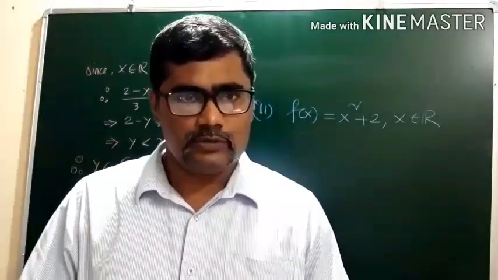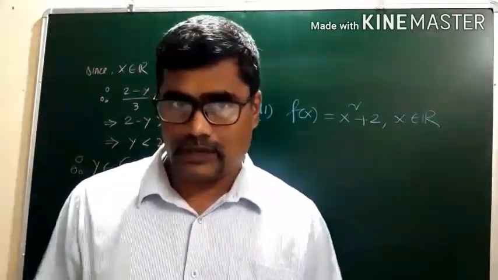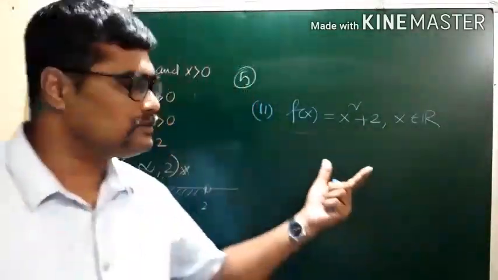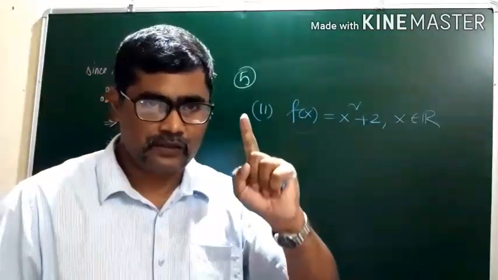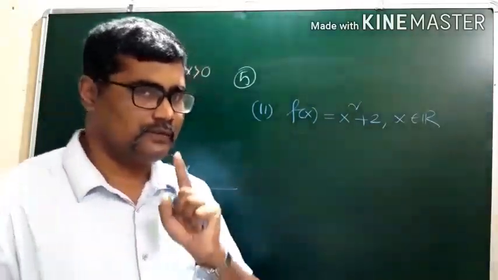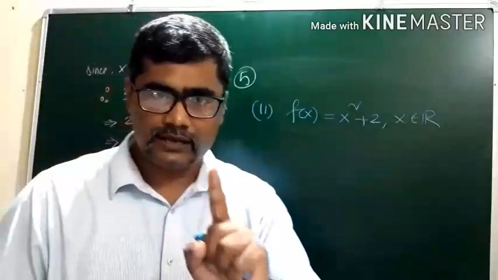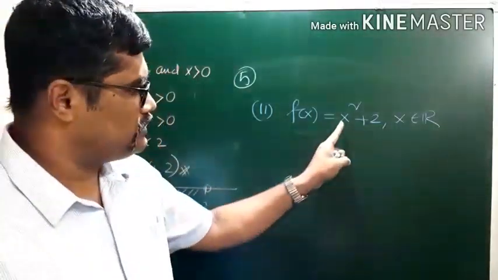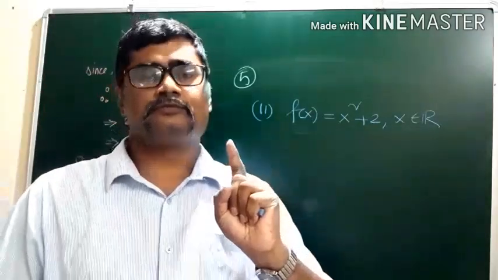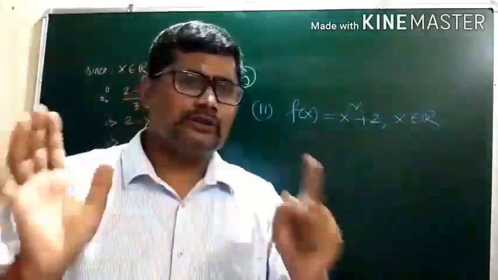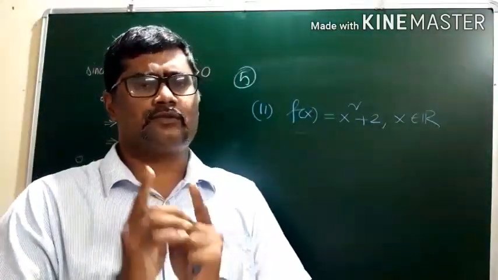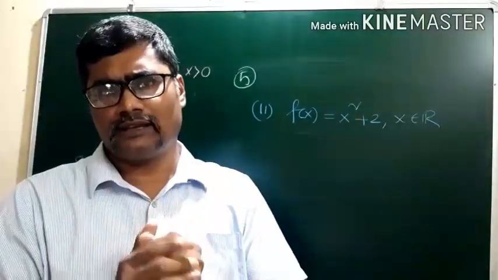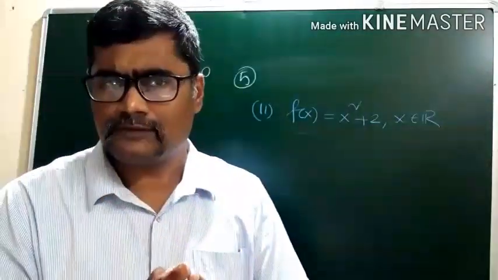See, here we can do it by inspection without considering that y. Why? Because this observation is very, very clear. What observation? Think about that. My inputs are all real numbers. This is a term x square. Any input you give x, what do you say about x square? Can it ever be negative?